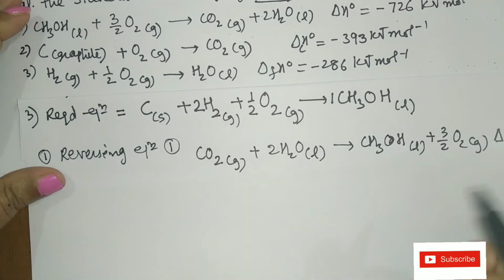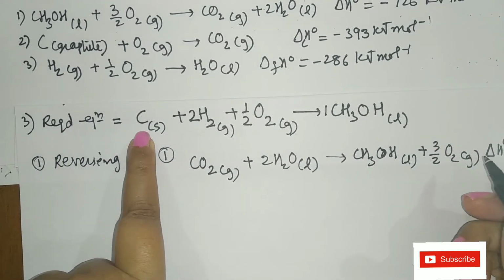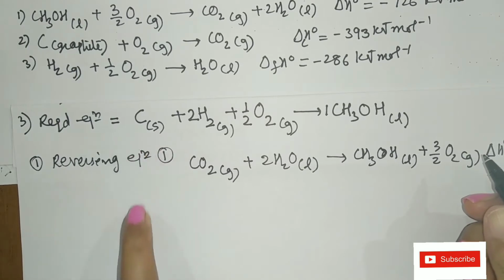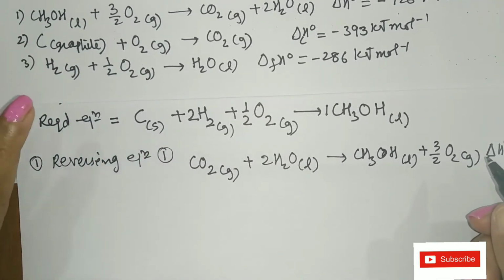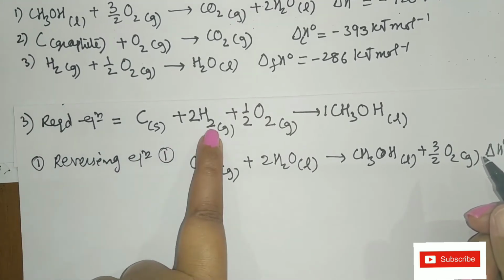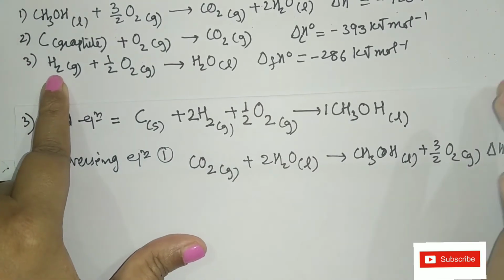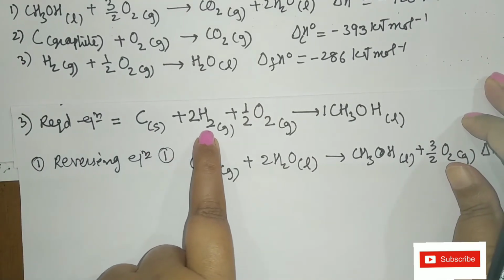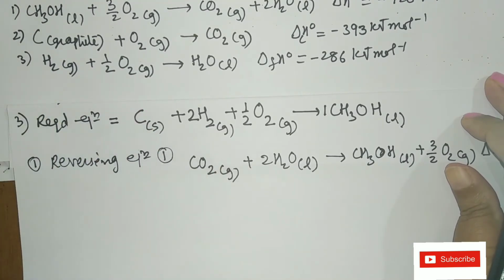First, I got methyl alcohol on the product side. Now I want carbon on the reactant side. So I will simply add this equation to this. But if you see the next one, that is hydrogen, student, I want hydrogen also on the reactant side. If I see this, it is 1 hydrogen here, but I require 2 hydrogen. So keep thinking what I have to do by the time I add equation 2 to it.